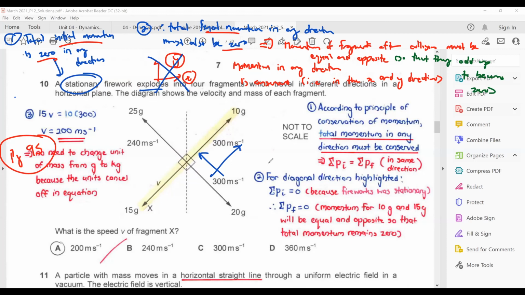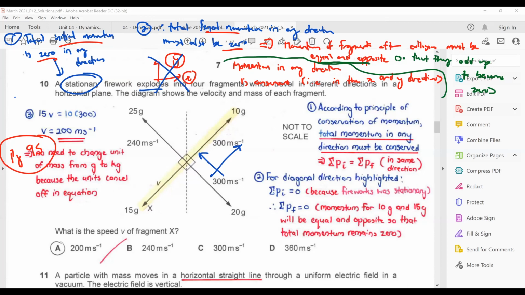So there's one thing here that you can actually deduce. Because the total initial momentum is 0, since the object was stationary, the total final momentum must also be 0 in any direction. So this will in turn tell you that momentum of the fragments after collision must be equal and opposite, so that they add up to become 0.